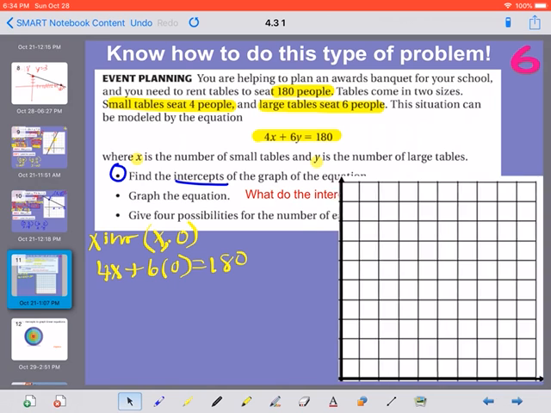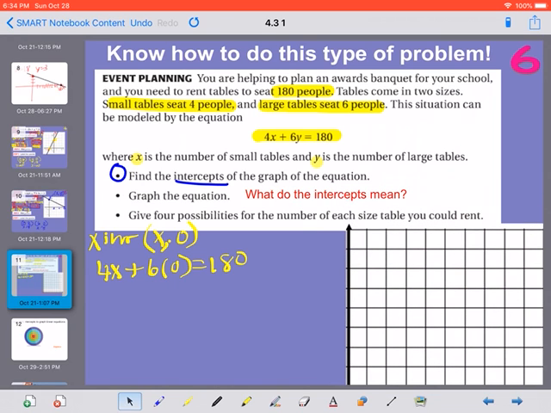I'm going to move this up here for a second. And then solving this, anything times 0 is 0, so we have 4x equal to 180, and then divide by 4. 180 divided by 4 in my calculator gives me 45.